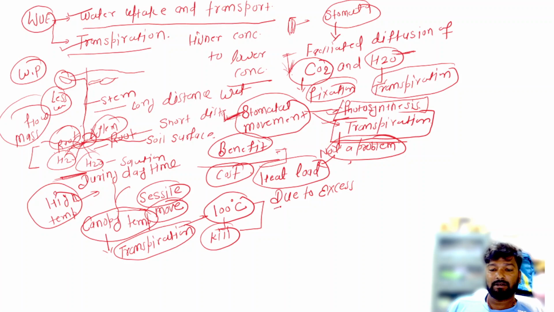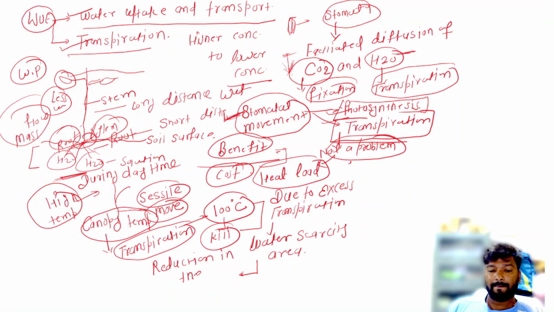excess transpiration, or in water scarcity areas, reduction in the cell or leaf turgidity or water potential of the leaf is the major problem.